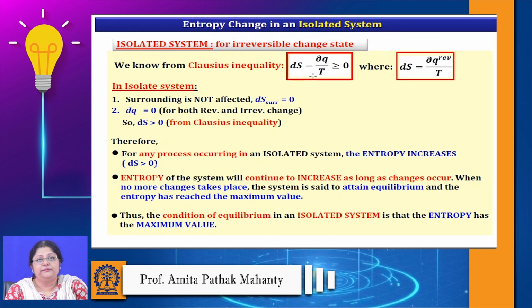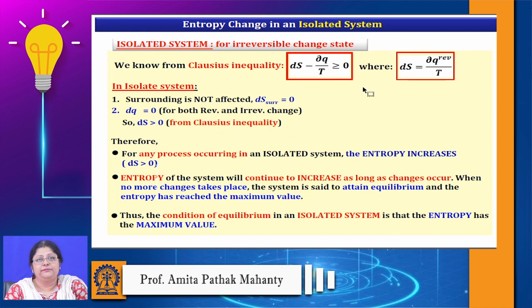What is left is minus dq irreversible by T. So minus dq irreversible by T is greater than 0. So we get dq irreversible by T is less than 0. Has everybody understood what I'm trying to say? Yes, that is the Clausius inequality, that dq by T is less than or equal to 0.